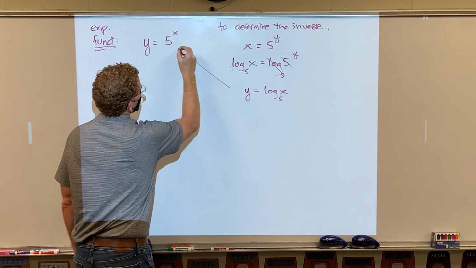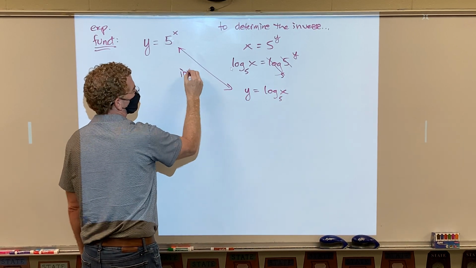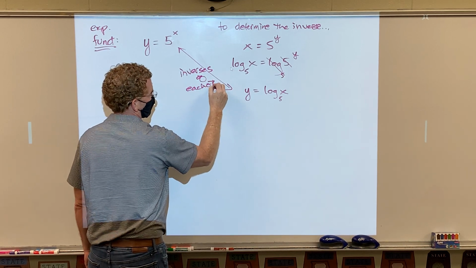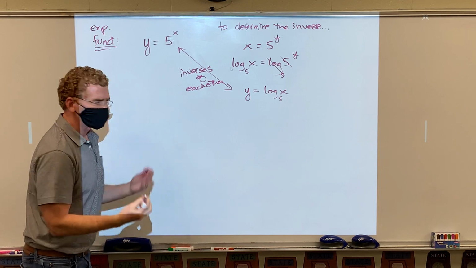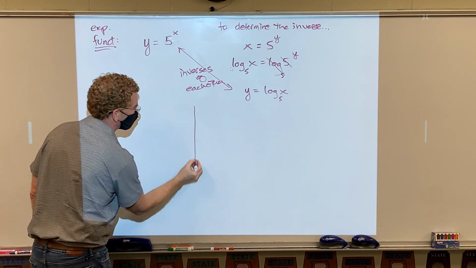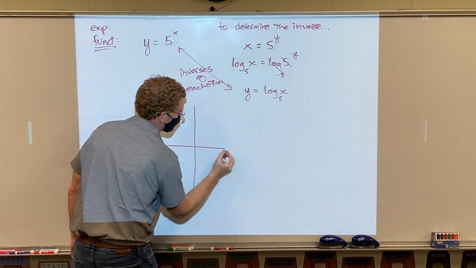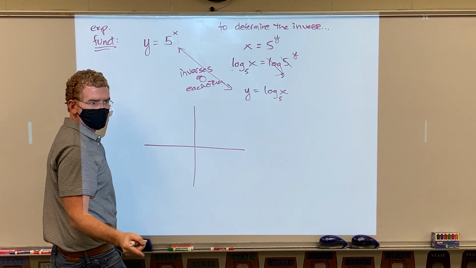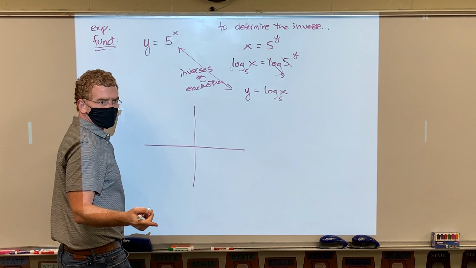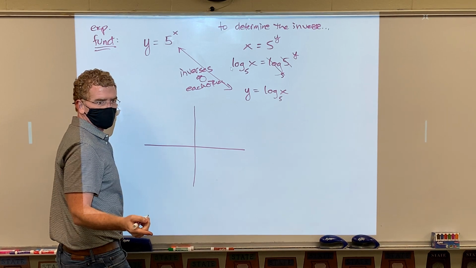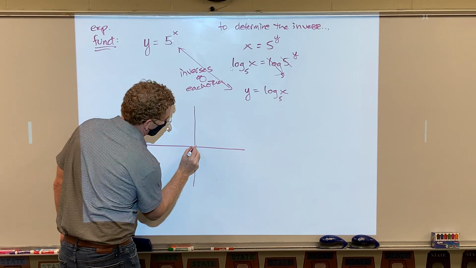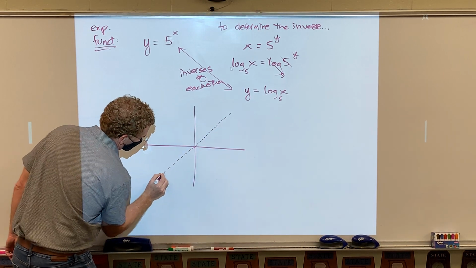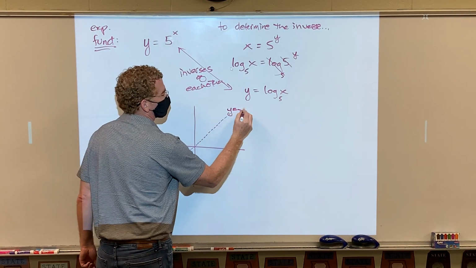Now look at these. These are inverses of each other. What's the property of inverses that we've learned? What do we know about inverses? They are symmetrical over the line y equals x. Great. They are reflections.